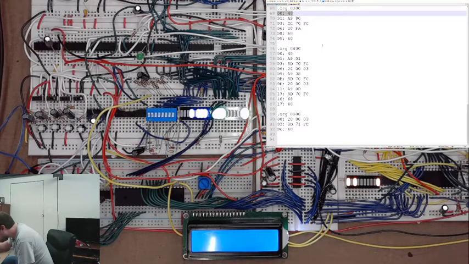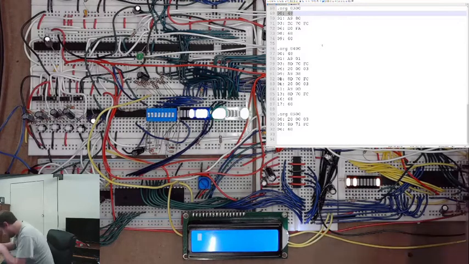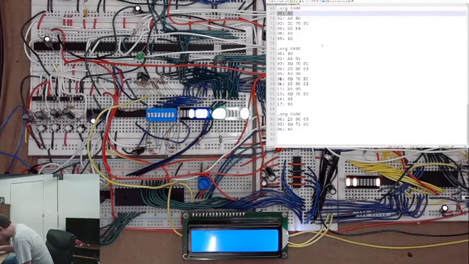Well, may need to do something about that then. Well, what I can do is just unplug the one that is enabled. So this one.